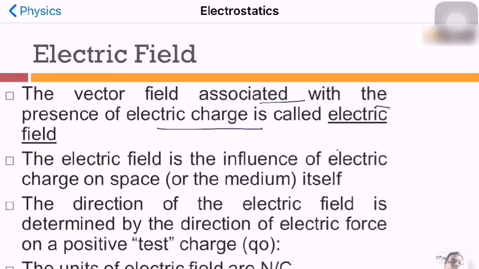The direction of the electric field is determined by the direction of the electric force, because you can have the influence existing everywhere along all possible directions, but you can only find out the force when you have two charges, because the force is going to exist between the centers of the two charges. So if you put a positive test charge at a particular position, join the centers of the two charges, that's going to give you the direction of the electric field.